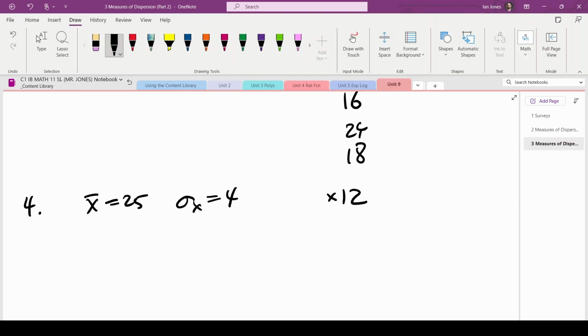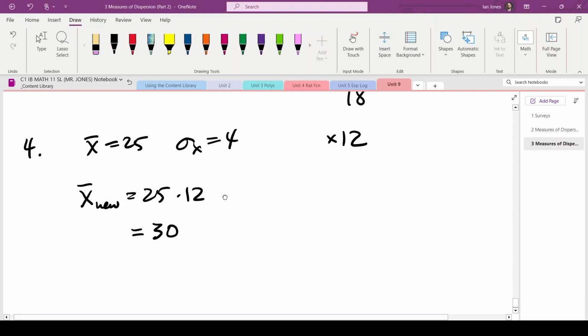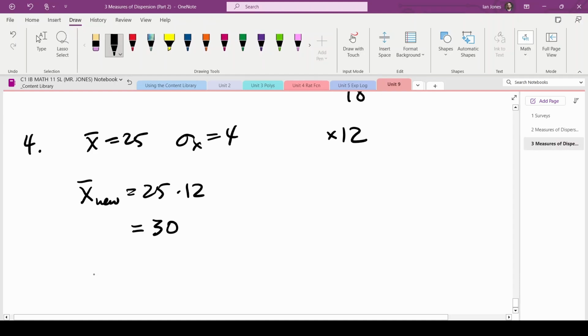Well, in this case, the mean will be multiplied by 12, 25 times 12, which is going to be, I think, 300, if I have that right. Yeah, that's right. And the standard deviation will also be multiplied by 12, so it will become 48.